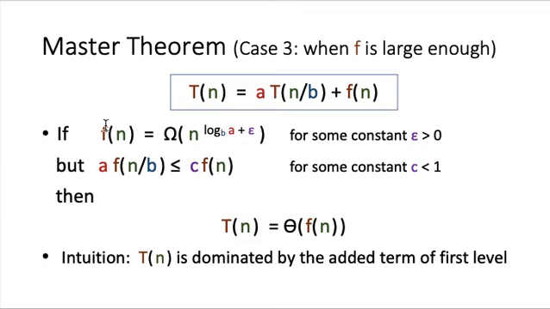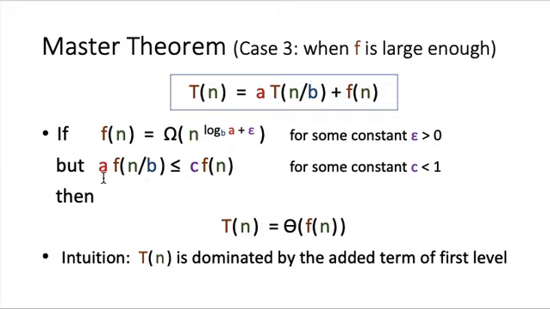But on the other hand, we require that f of n is not that large. We require that a times f of n over b is less than or equal to c times f of n. So we will see the meaning here.